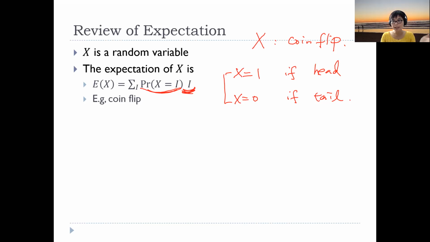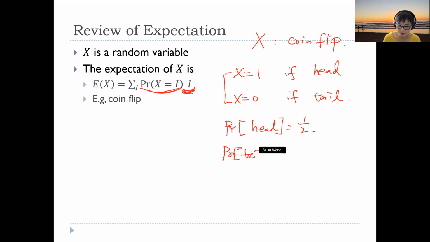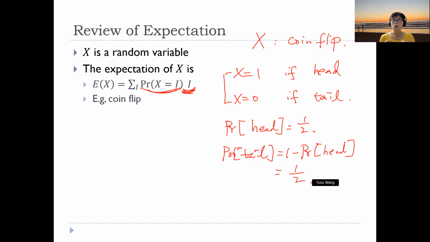Let's say your coin is a very well-made, balanced coin, so it's a fair coin, which means the probability that we get a head is 1/2, which also means the probability we get a tail is 1 minus the probability we get a head, which is also 1/2. So what's the expected value of this coin flip? We need to take each possible value of X and its probability.